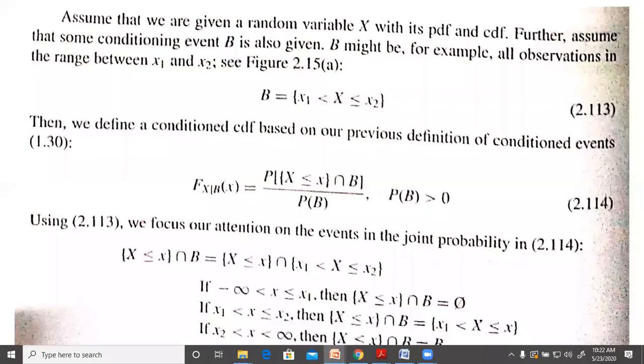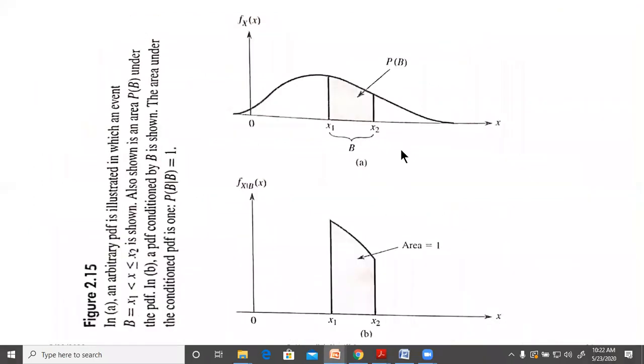Now we have written here the figure 2.15b, we have not shown it, and that just corresponds to the figure over here. This is our random variable X, and B is within this range, then we are talking about only this probability. If the region x1 to x2, that is B, is somewhere on this side or on this side, there won't be any intersection.